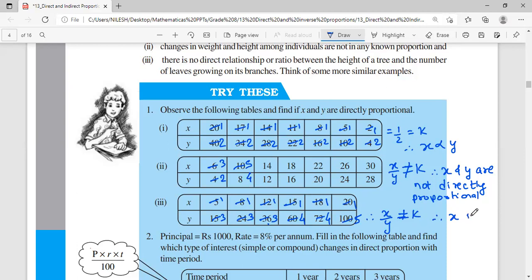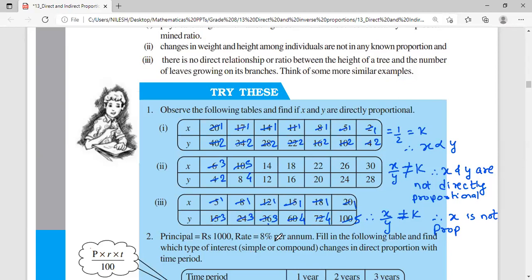Sir, what is k for? What are you asking? What is meant by k? It is constant. See now, this 1 upon 2, everywhere it was 1 upon 2.